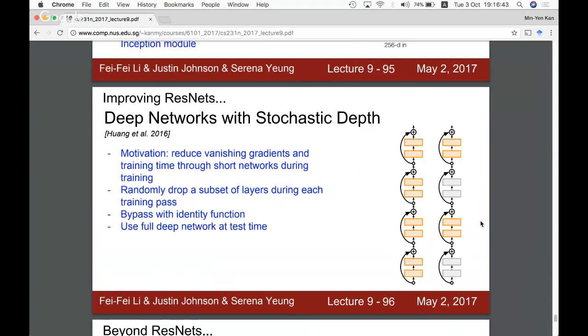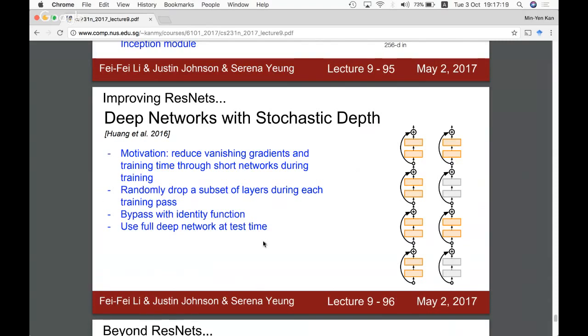So if, for example, you're dropping these two, they'll just bypass them with the identity. During training time they drop certain layers, and during test time they use the full entire network. Like structural dropout, right? You're taking dropout, but not for individual neurons, but for whole structures, like whole subsets of the network. Yeah.